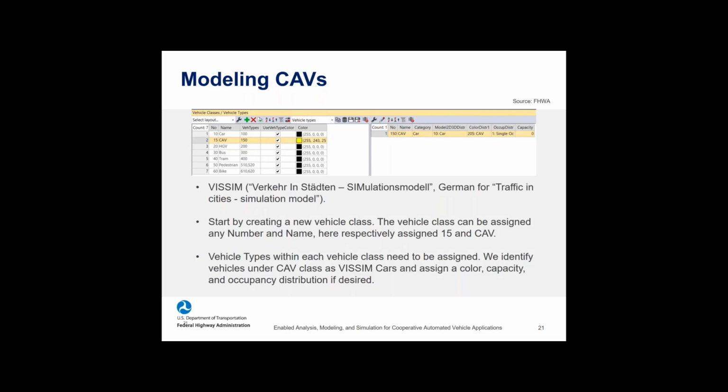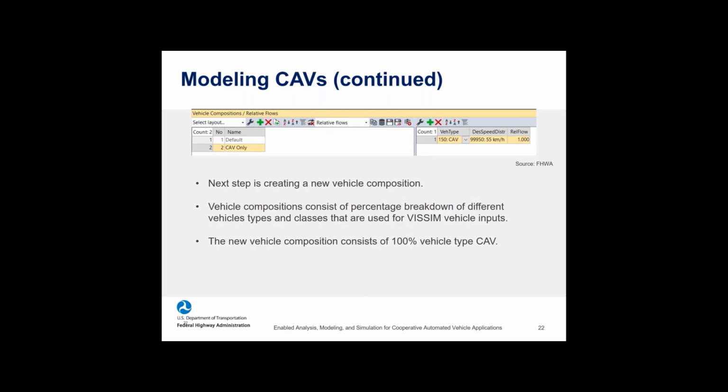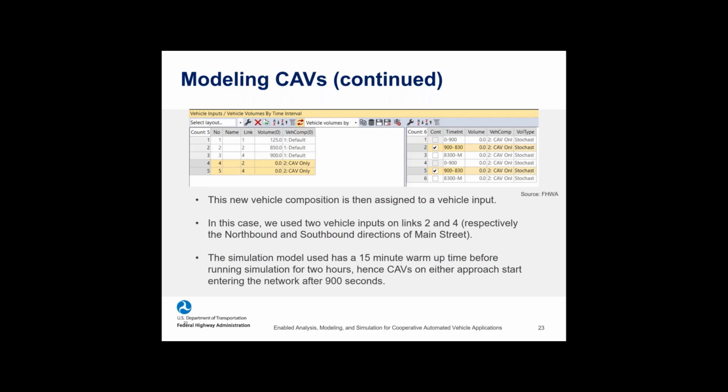So you can go in Vissim, you can create new vehicle classes, and you have the composition created as well. You do those compositions consistent with the percentage breakdown of different vehicle types, and the new vehicle composition is going to be the new type CAV, and then you assign those vehicle compositions to the vehicle input.